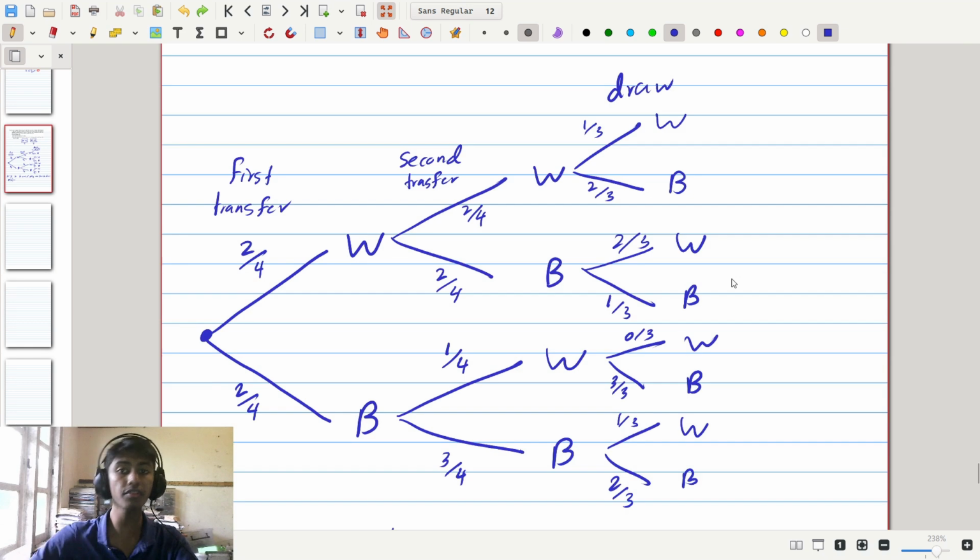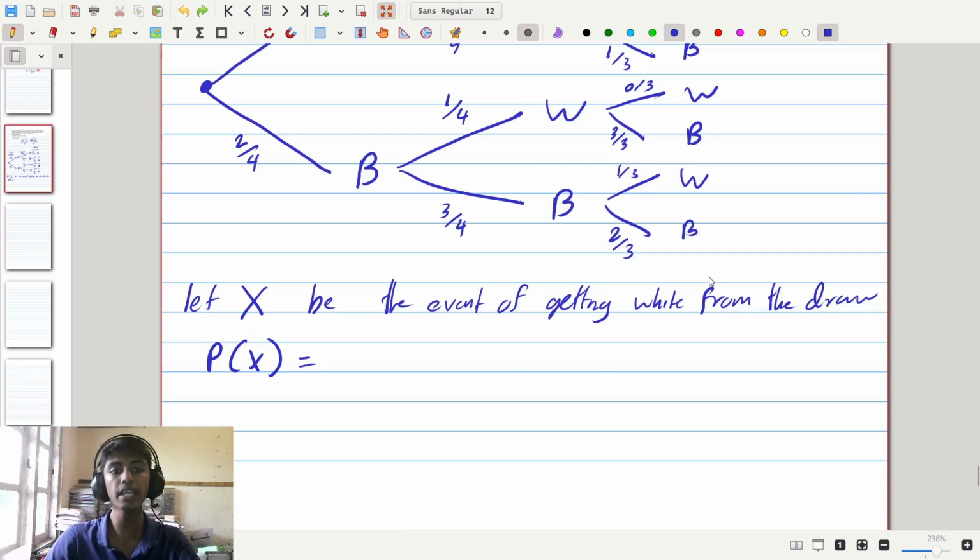Considering the first event, for this event to occur, we need this to occur, this to occur, and this to occur at the same time. For the first one, the probability of this event occurring is 1 over 2, since 2 over 4 is equal to 1 over 2. The probability of this event occurring is again 1 over 2, and the probability of this event occurring is 1 over 3. Therefore the probability of all three of these events occurring in order to get this white here is going to be a half times a half times a third.